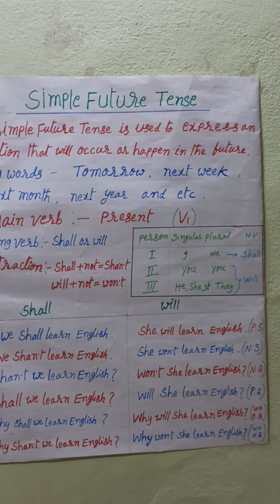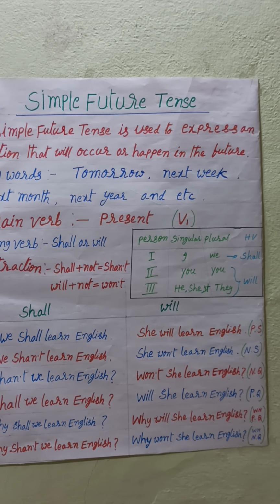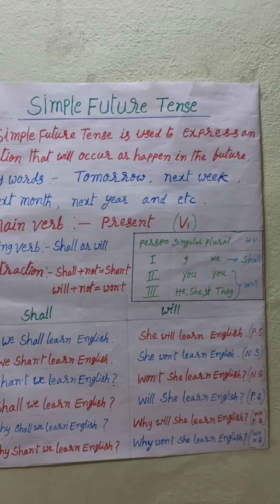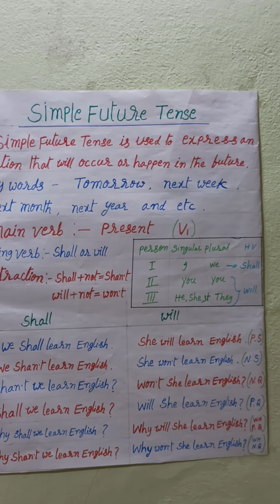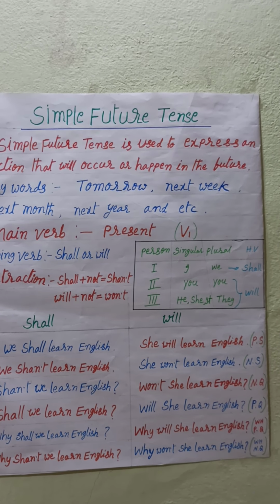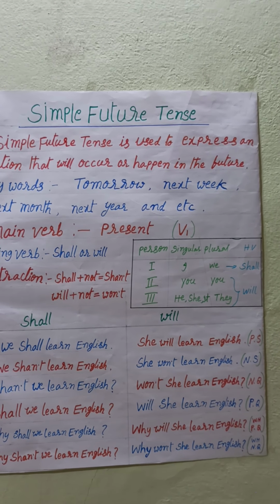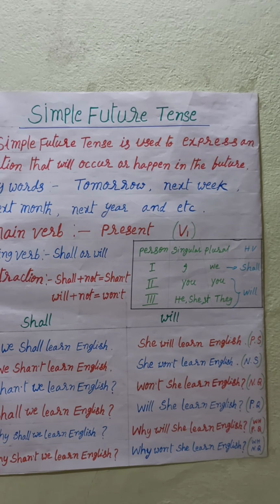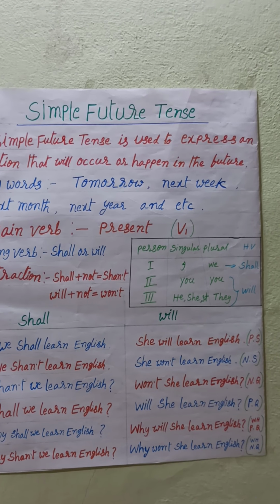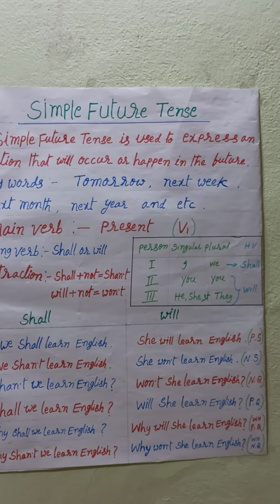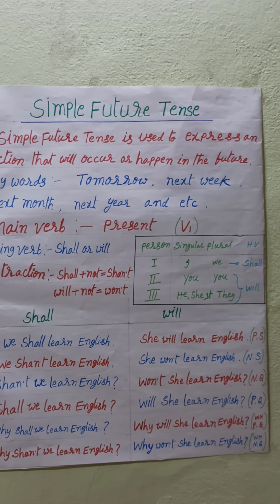The same way, in the simple past tense also, we don't write helping verb in the positive sentences. But in the simple future tense, 6 sentences have helping verbs.